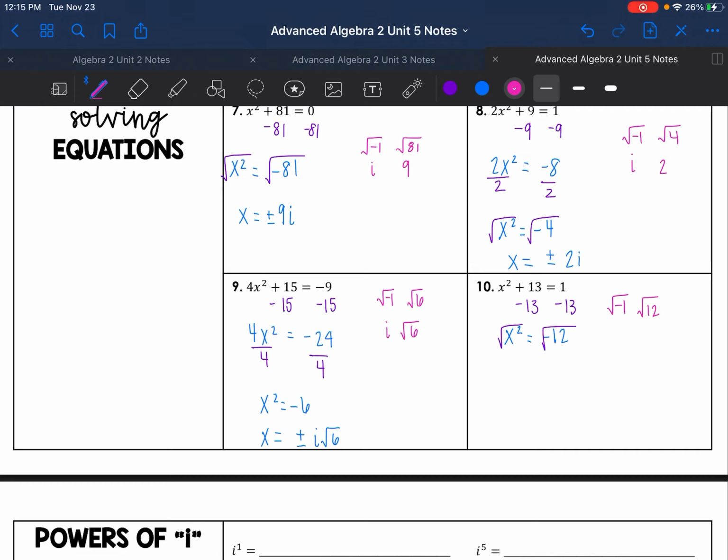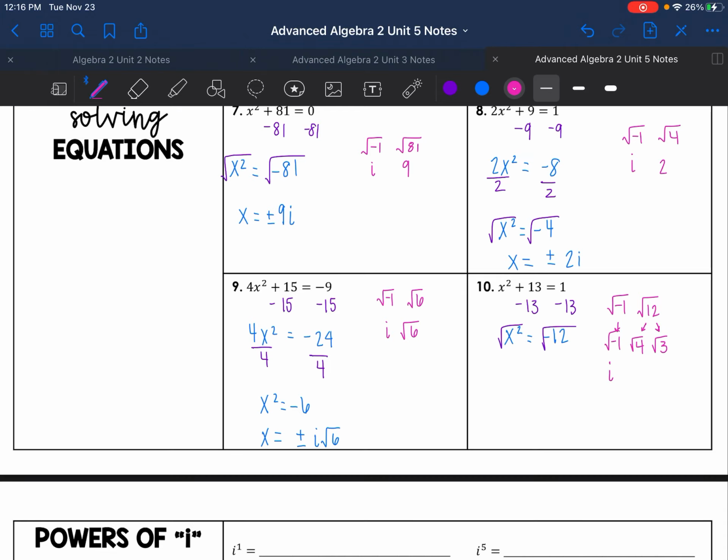12 is not a perfect square, so we have to break it down. So I'm just going to bring down this negative 1. What is the largest perfect square that goes into 12? We should get 4. So we have the square root of negative 1, square root of 4, square root of 3.